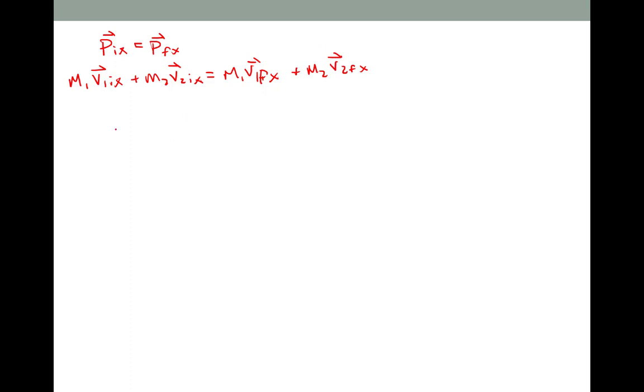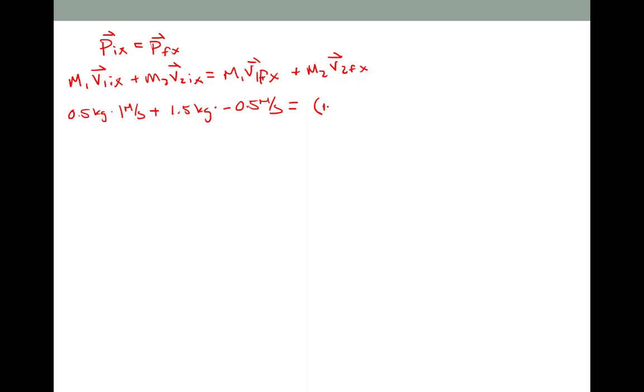Now plugging in everything we know, this is 0.5 kilograms times 1 meter per second plus 1.5 kilograms times negative 0.5 meters per second.